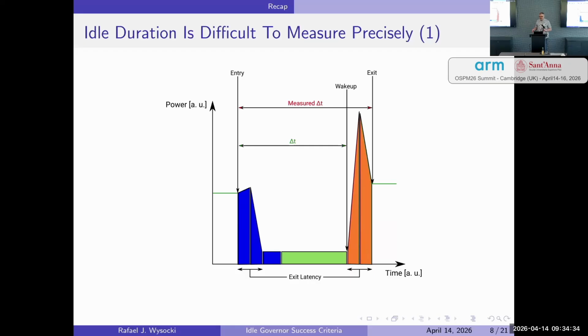So the idle time needs to be measured. But the problem is that there is this exit latency.